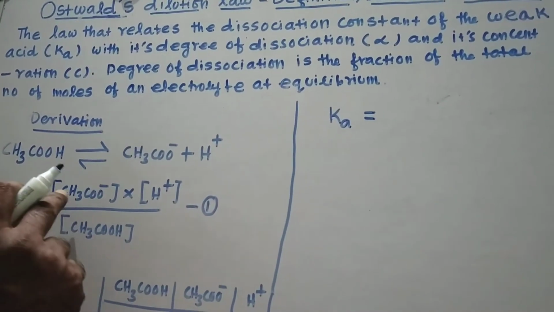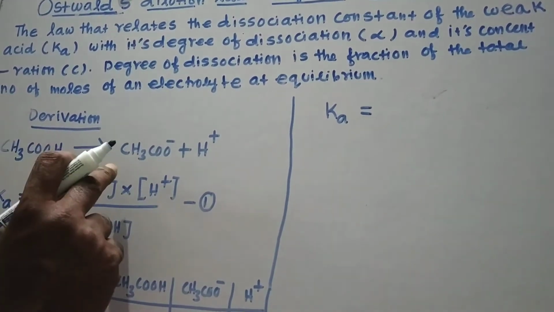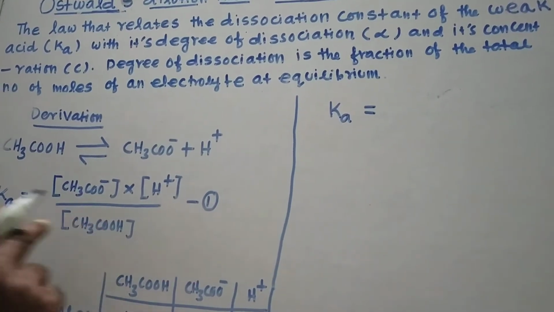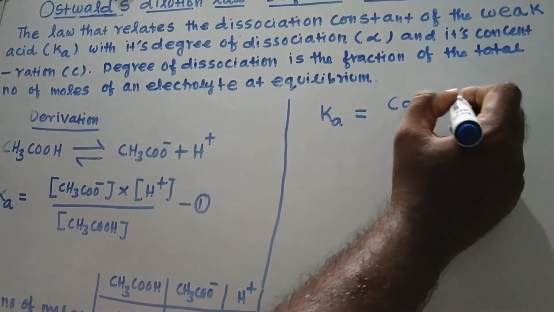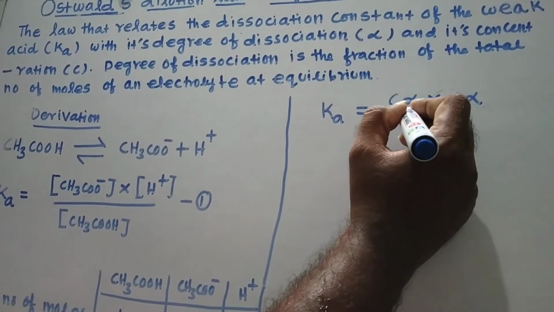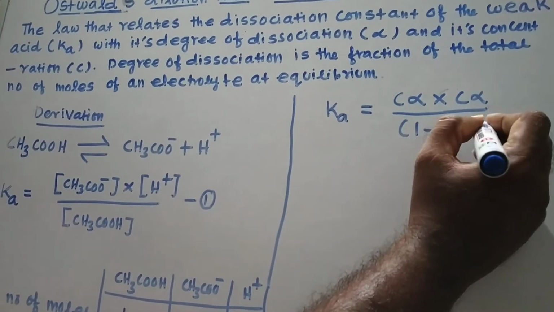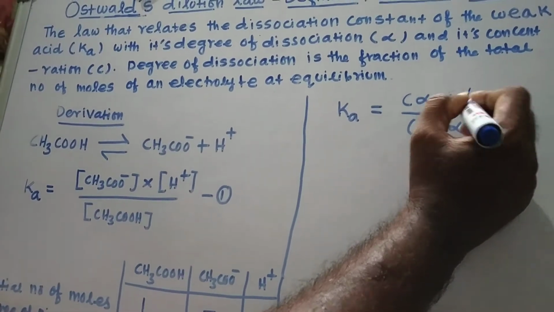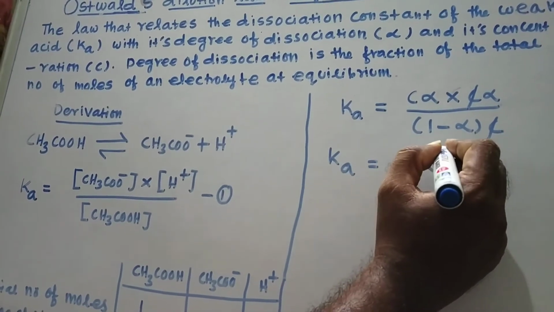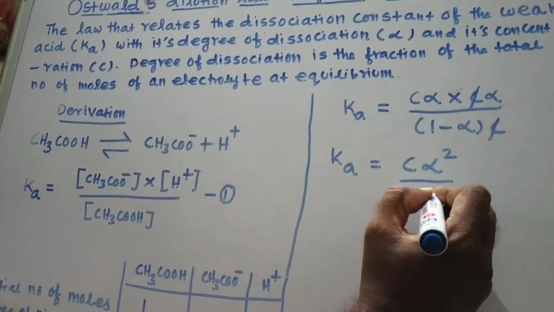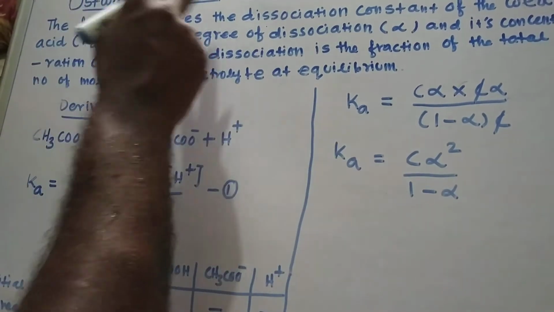In this equation, the acetate ion concentration and H plus ion concentration are present in the numerator and the concentration of the acetic acid is present in the denominator. Therefore, it's equal to C alpha into C alpha divided by 1 minus alpha into C. C cancel each other. Okay. Then Ka is equal to C alpha squared by 1 minus alpha. This is a mathematical form of the Ostwald dilution law.